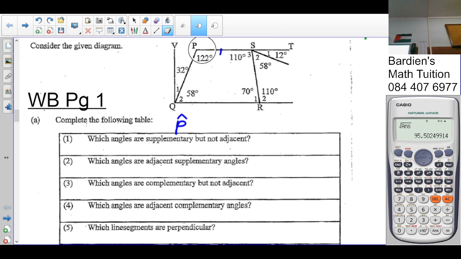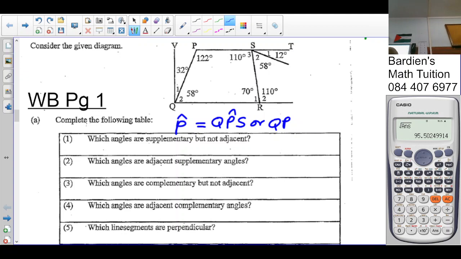Alright. So angle P can also be represented as QPS, or QPT. The same.